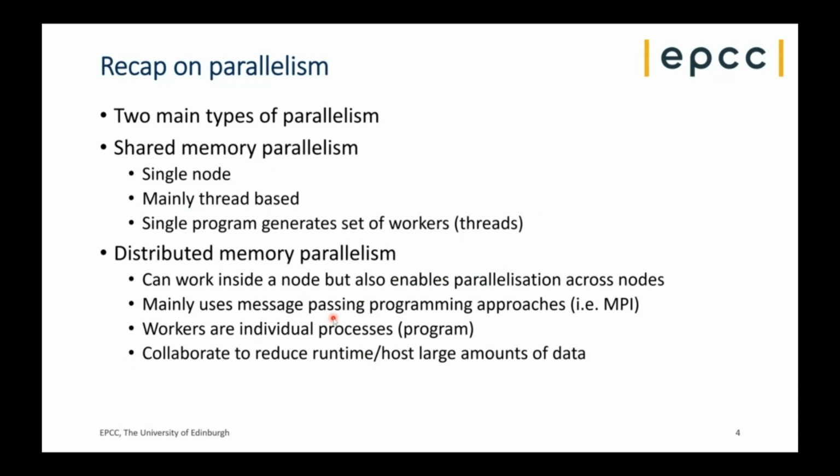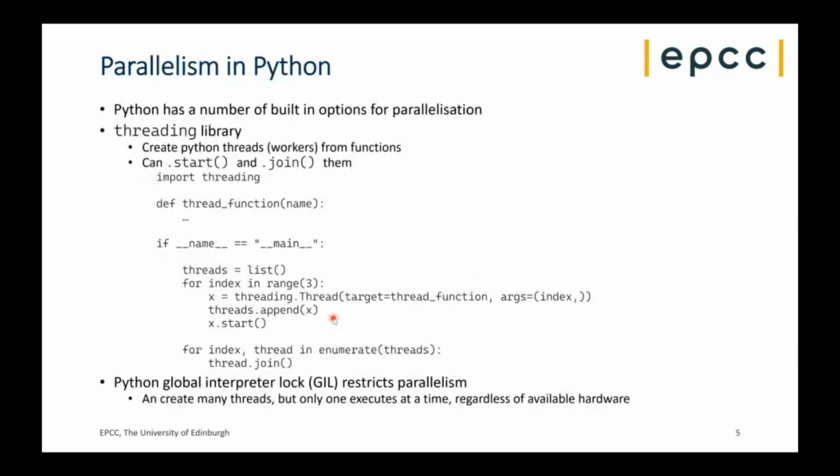Okay, so with that in mind, Python has a number of built-in options for parallelization. It can do both of these. It can do shared memory parallelism through threading, and it can do distributed memory parallelism through processes.